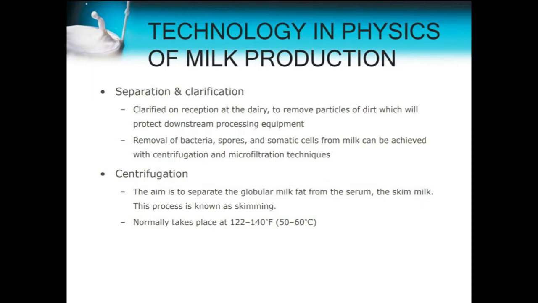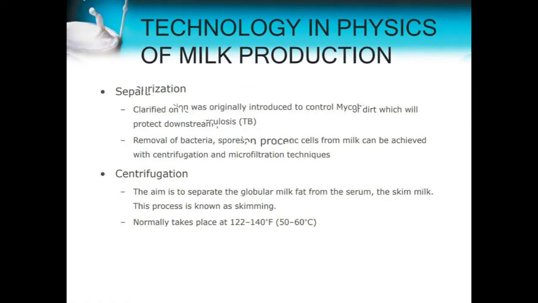As for the centrifugation process, the aim is to separate the globular milk fat from the serum, the skim milk. This process is also known as skimming. Normally, it takes place at 122 to 140 degrees Fahrenheit or 50 to 60 degrees Celsius.